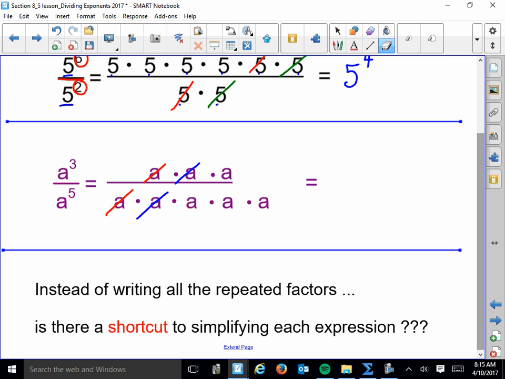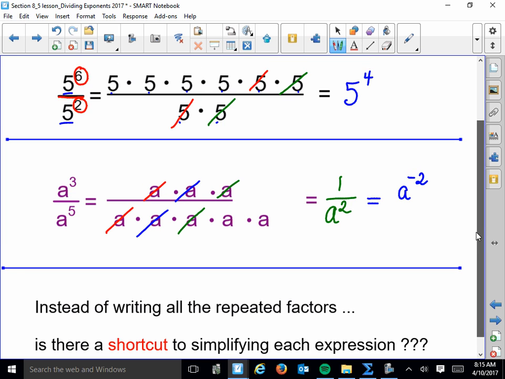Not really, because we have 1 more that we'll divide out. We are left with 1 over a squared. But thinking back to what an exponent means, if we wanted to, we could rewrite this as a to the negative 2nd if we wanted our base to be in the numerator.